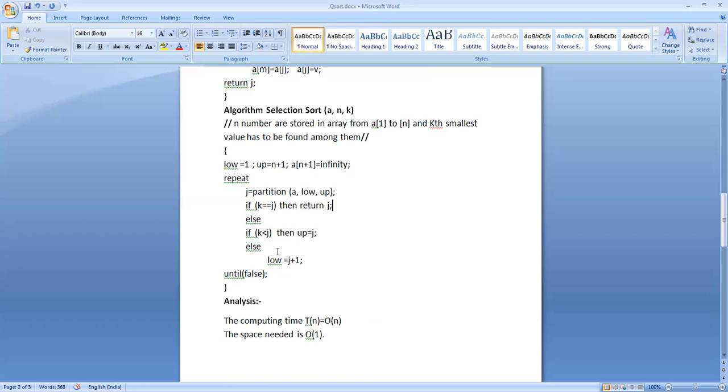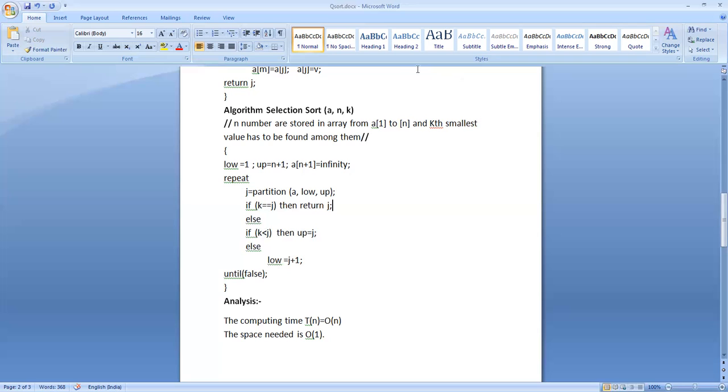Otherwise, if k is greater than j, that means you are given some 10 values and you have to find the seventh smallest value.